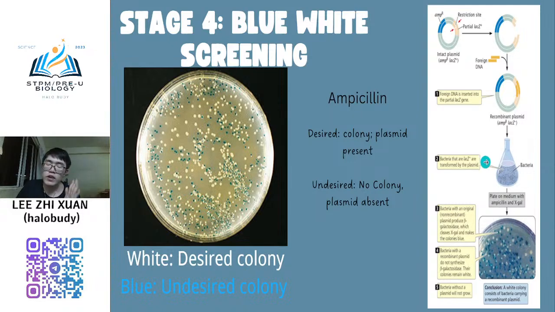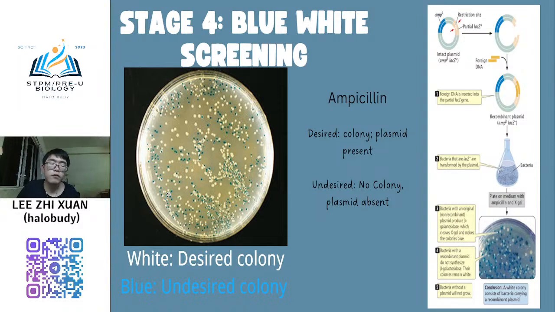Okay, this is the first situation. Ada dua situation. First situation is when the LacZ gene occurs in the plasmid, the plasmid will express the enzyme called beta-galactosidase. After that, it will hydrolyze the X-gal to produce the blue colony, because it will produce one type of product, and this product will produce the blue colony in the agar medium.